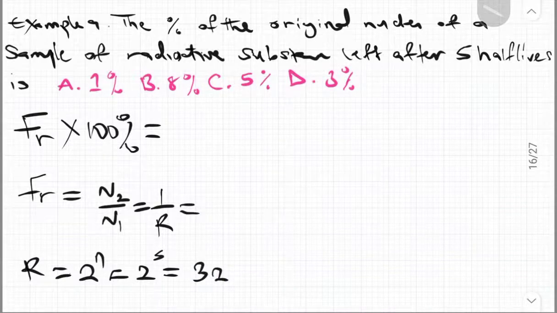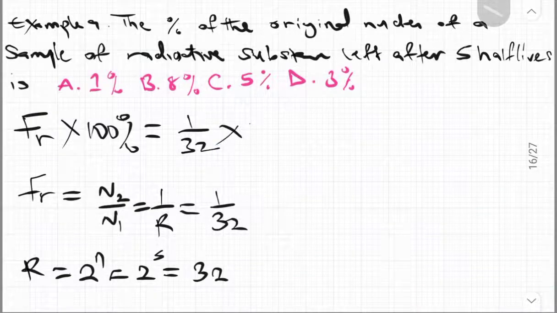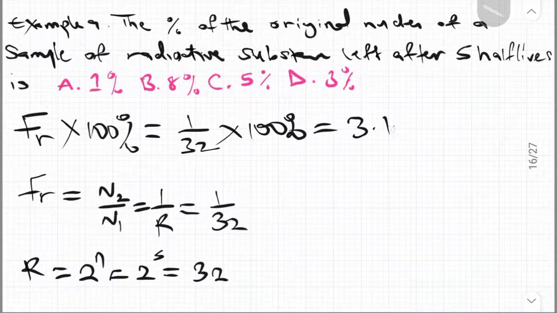So in this case, we now have 1 over 32. So the answer to this question will be 1 over 32 times 100%. So we just have 3.125, which is approximately 3%. So D is correct.